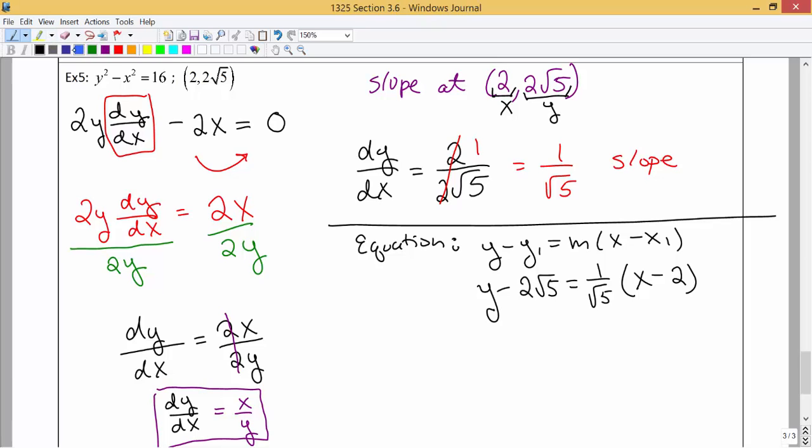Now we're going to simplify a little bit. We'll multiply in our slope. So that would be 1 over square root of 5 times x minus, think about this as a fraction, multiply across, 1 times negative 2 is negative 2. Square root of 5 times 1 is the square root of 5.